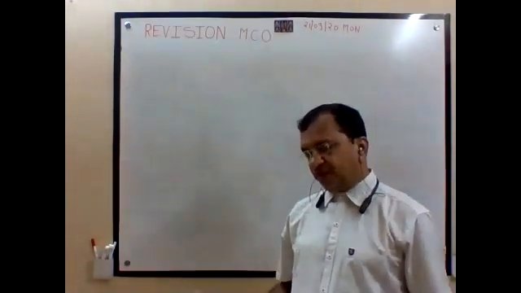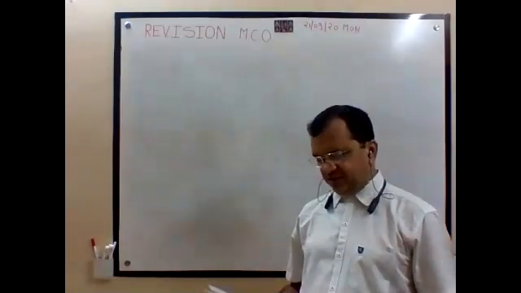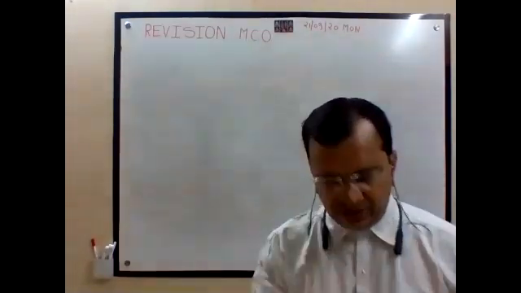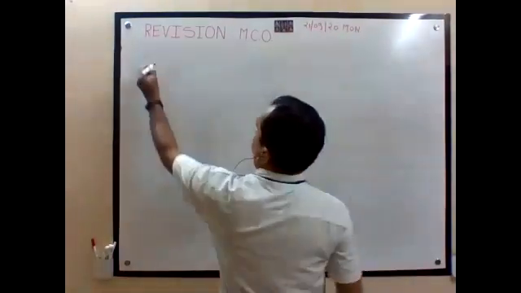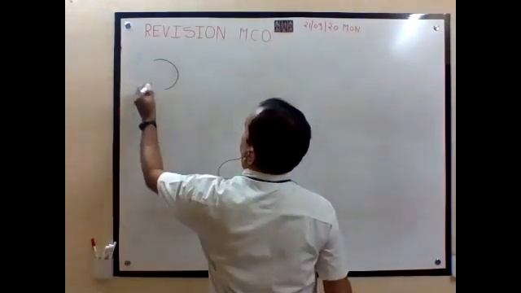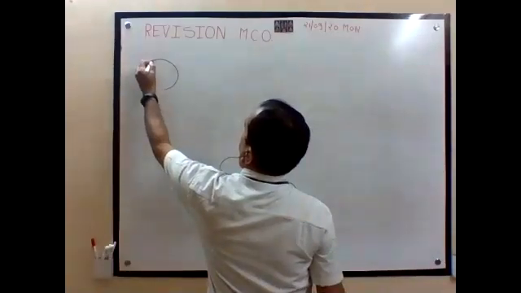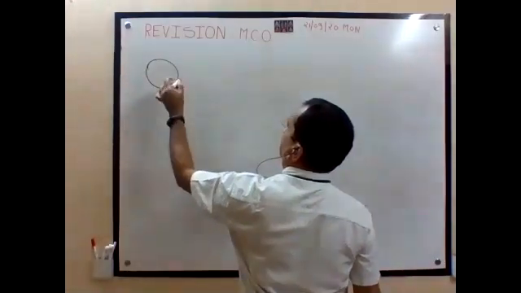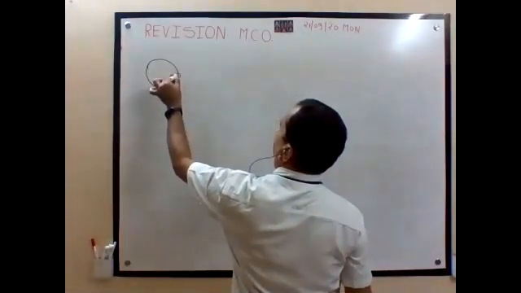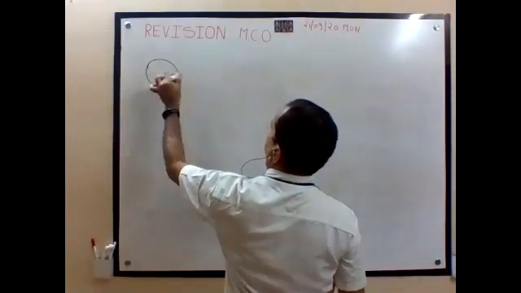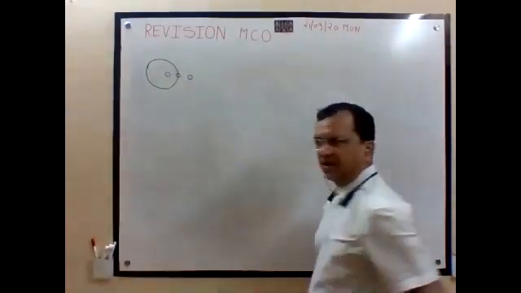To a circle, from a point outside the circle, how many tangents can we draw? One point on the circle, one point in the circle, one point outside the circle.